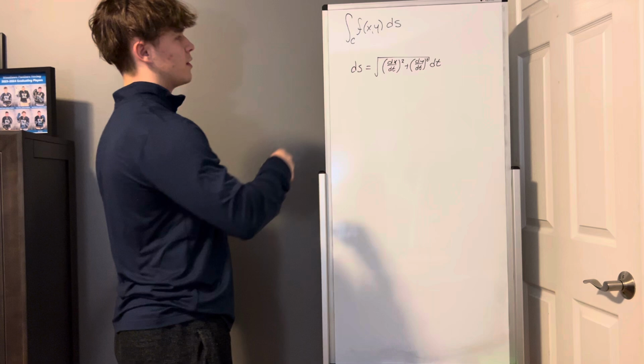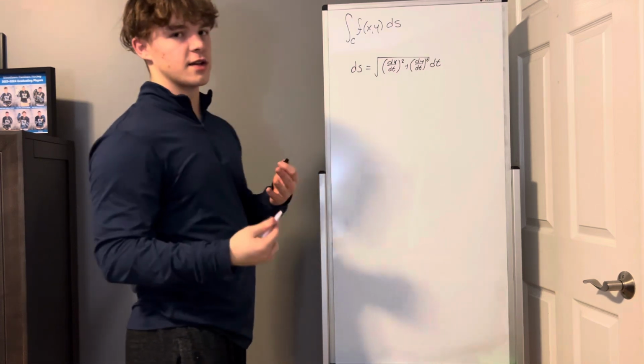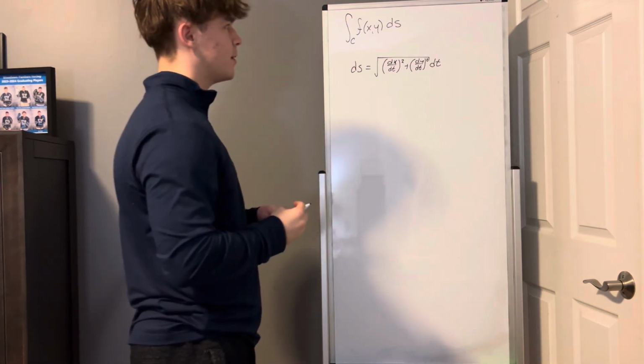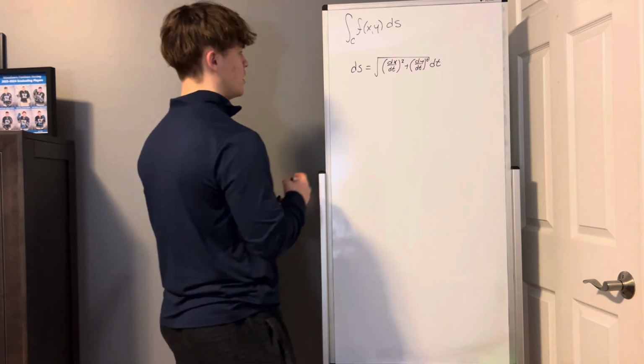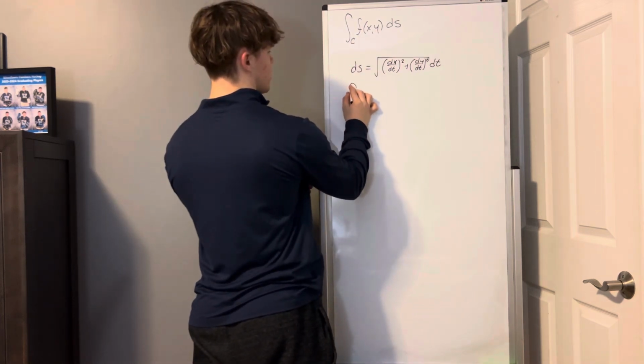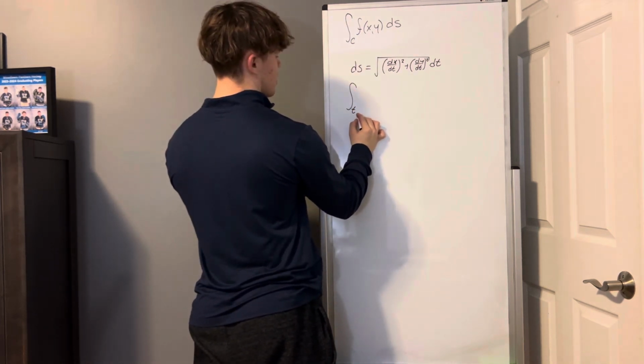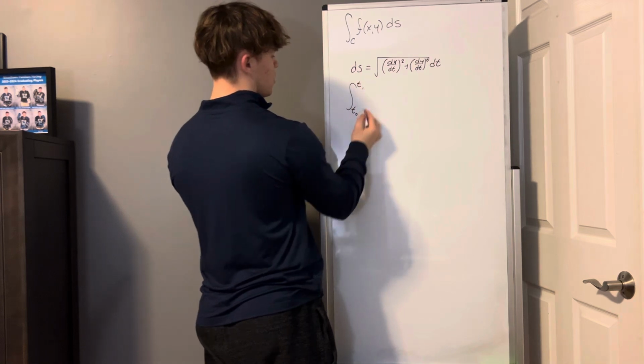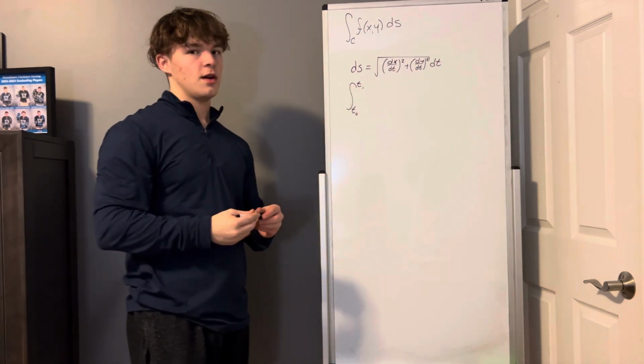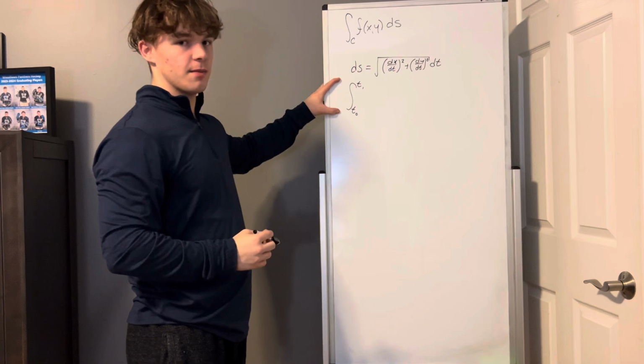So this doesn't really look like it simplifies the integral, but it does. It really does. What we can say now is we can integrate from t naught to t1, or t initial to t final, basically what t runs from.